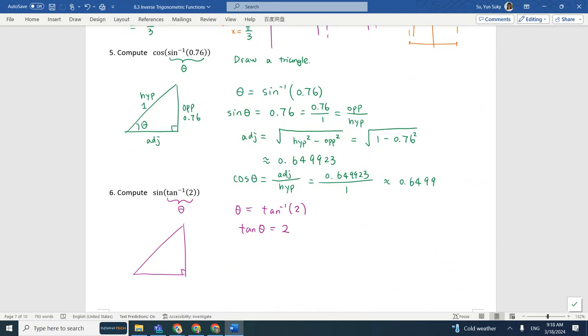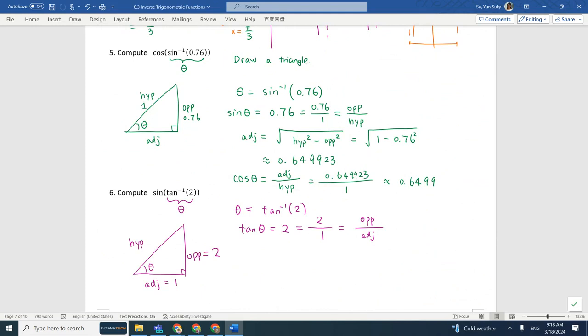What is tangent in terms of opposite, adjacent, hypotenuse? It's opposite over adjacent, which is 2 over 1. So the opposite is 2 and the adjacent is 1.